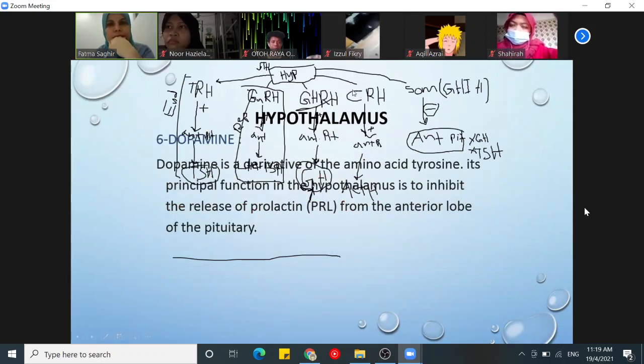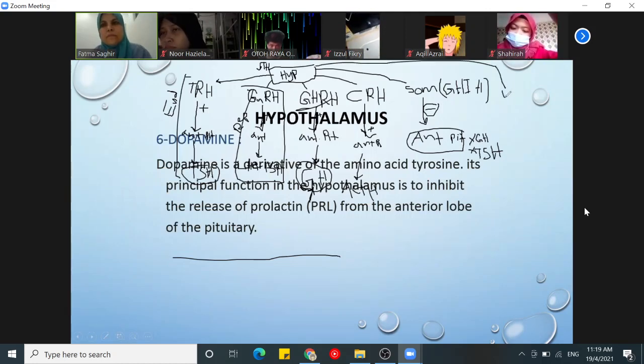Okay. The last one is dopamine. So dopamine, same. All hormones from hypothalamus, we don't have to think about it.